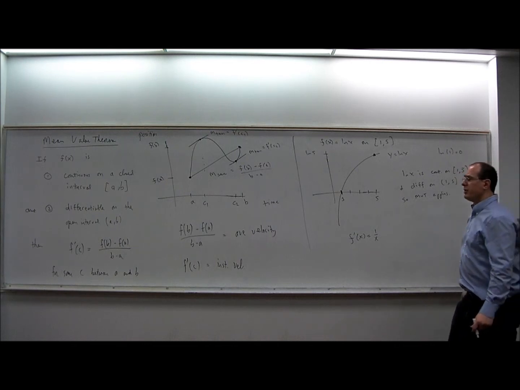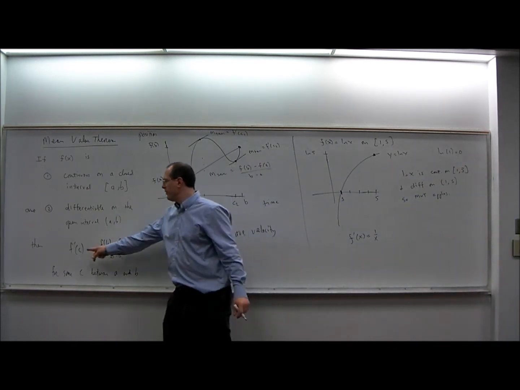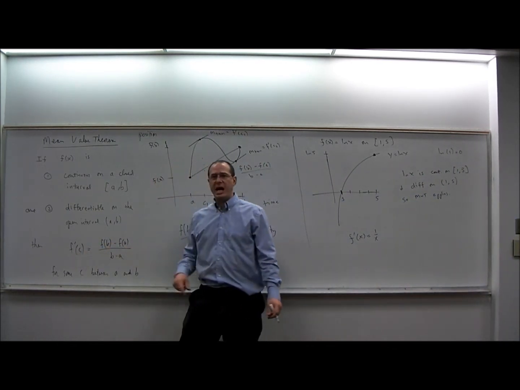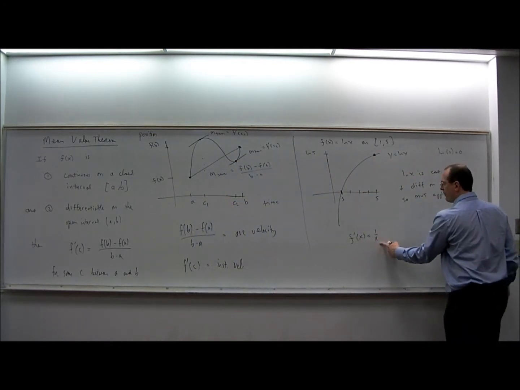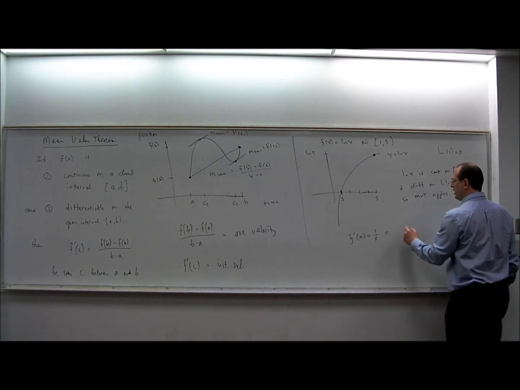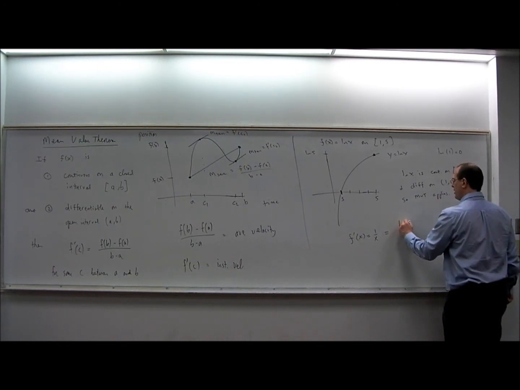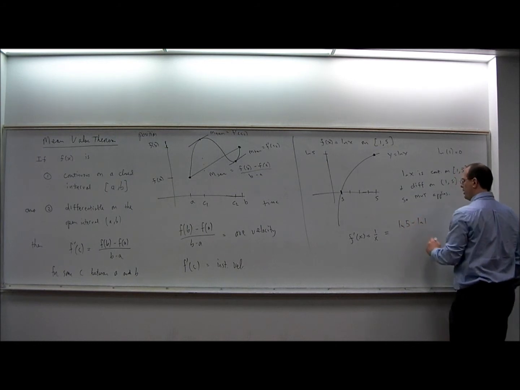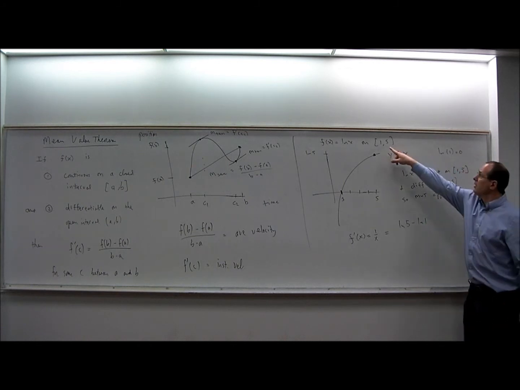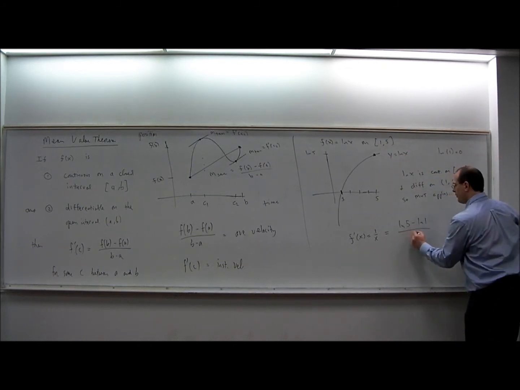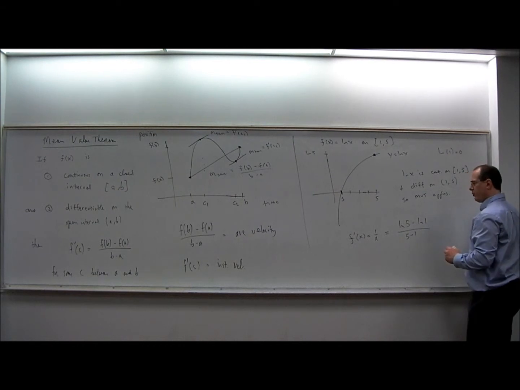So the mean value theorem applies to this function log x on this interval 1 to 5. So the derivative of the function should equal the average rate of change of the function on the interval. So the derivative of the function is 1 over x. That should equal f of b minus f of a over b minus a. In this case it is log 5 minus log 1. The function is log x, b is 5, a is 1. The interval a to b, divided by 5 minus 1.